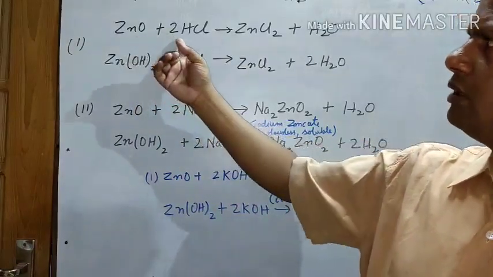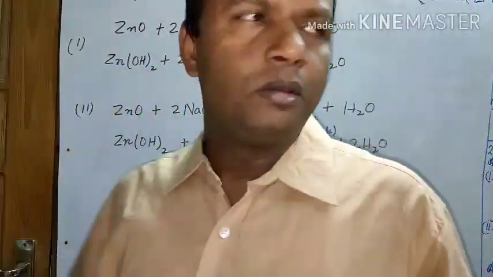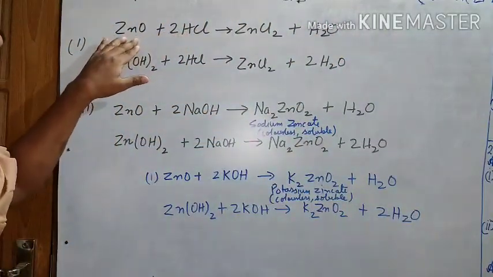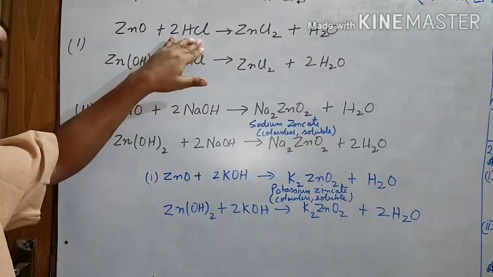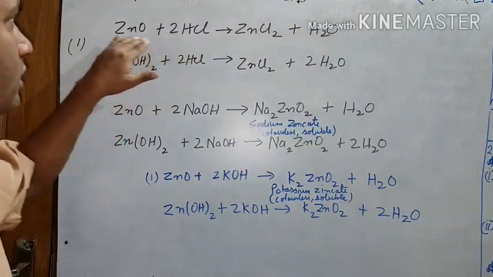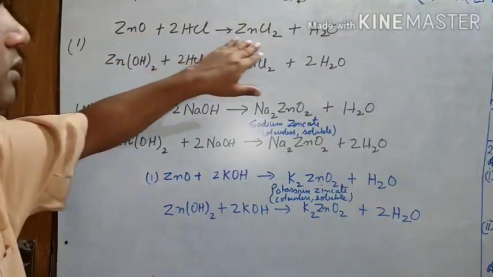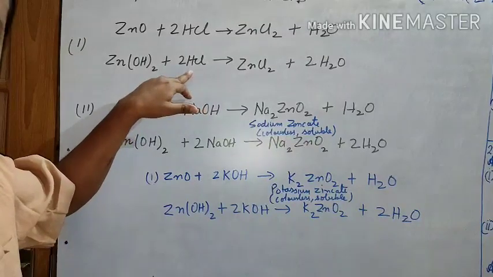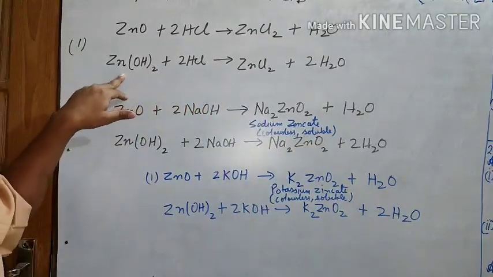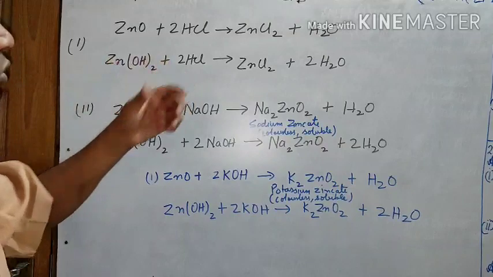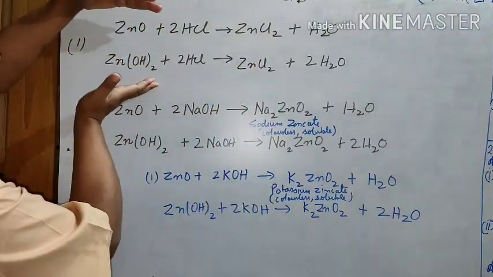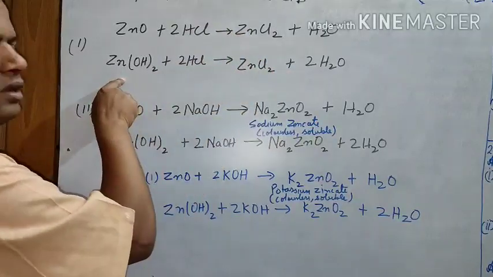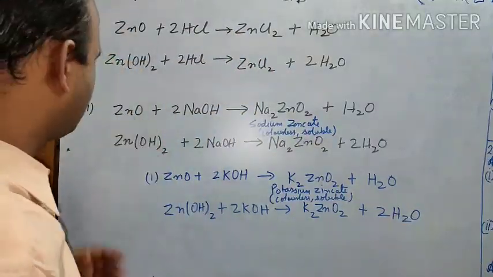Zinc is a metal, so it should not react with acid, but being amphoteric in nature, see, being a basic oxide, it is here reacting with acid. So here it is acting as a base, and it is giving salt plus water. The hydroxide is also reacting with acid, so here it is acting as a base, because it is reacting with acid to give salt and water as a base does naturally.